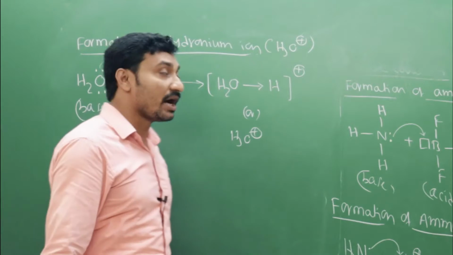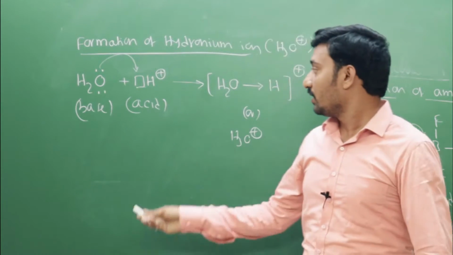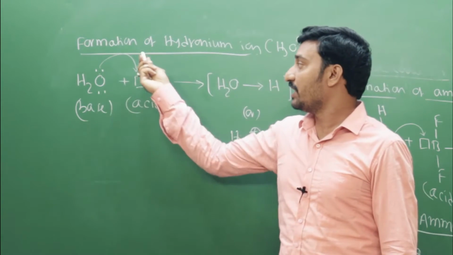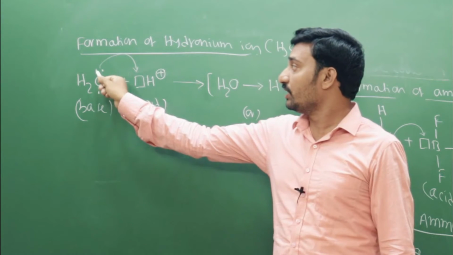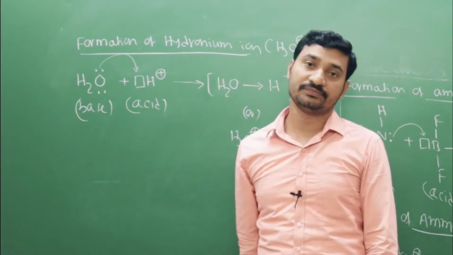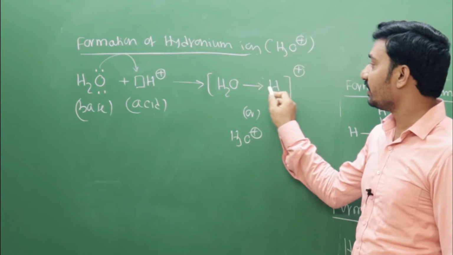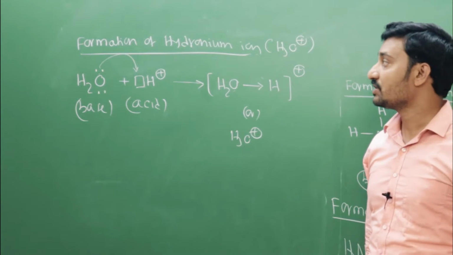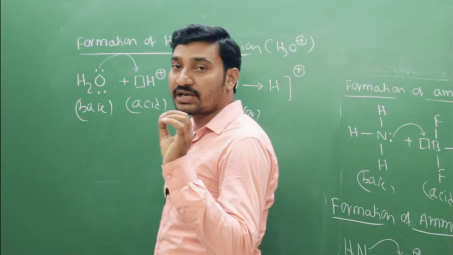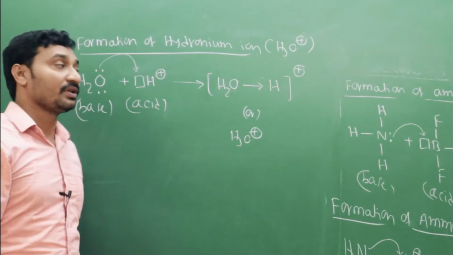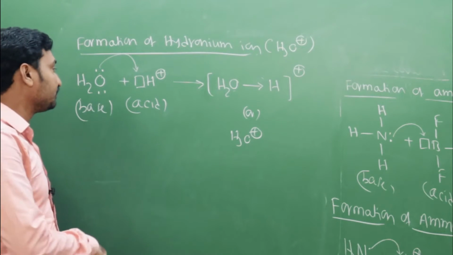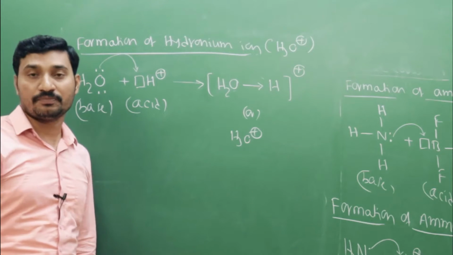According to Lewis acid base theory, an acceptor of a pair of electrons is an acid, a donor of a pair of electrons is a base, and they form a coordinate covalent bond between them. Got it? So this is Lewis acid base theory. Pair of electron acceptor is acid, pair of electron donor is base.